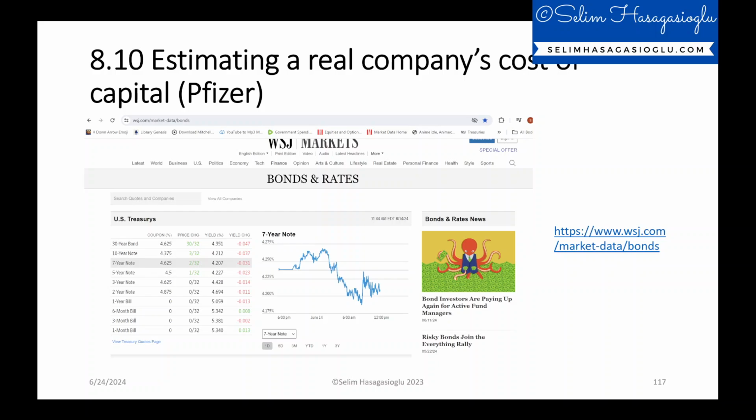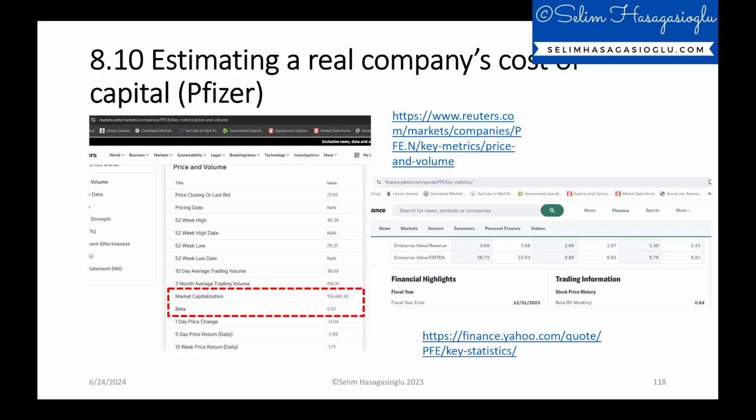Apart from the very short-duration bonds, the longer-term bonds have around similar yields. So I use the yield on 7-year notes in my cost of equity calculation by using CAPM. And remember, in CAPM, you need to estimate the risk-free rate.